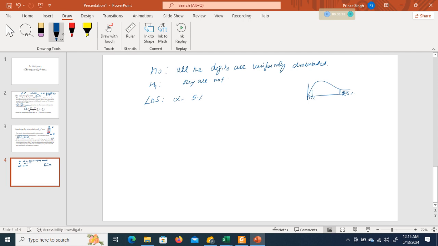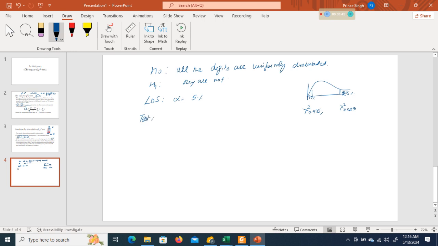So we need to calculate the critical values of chi-square at 0.975 as well as chi-square at 0.025, right? Because it is a right-handed distribution, with the given degrees of freedom also. And what about the test statistic?